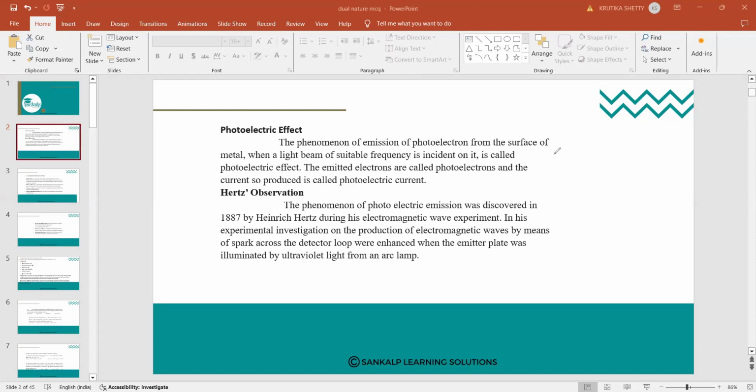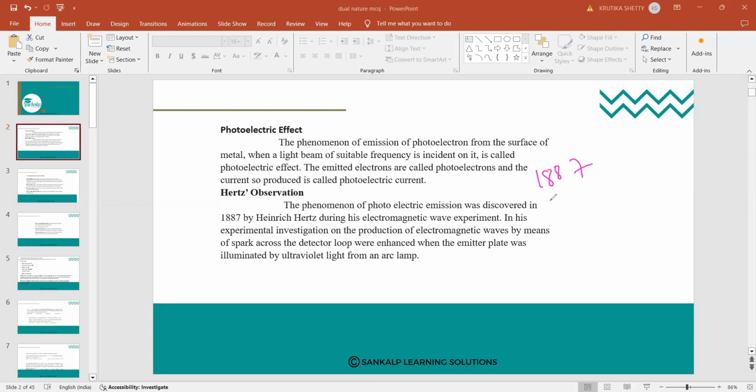According to this, Heinrich Hertz performed an experiment to investigate the photoelectric effect. He conducted this experiment in 1887.